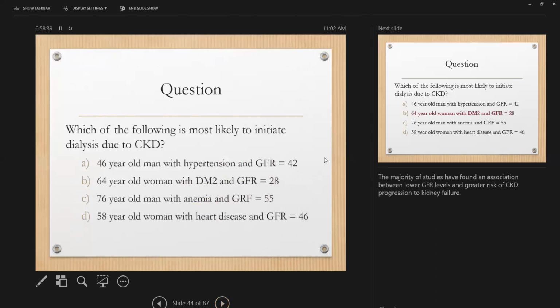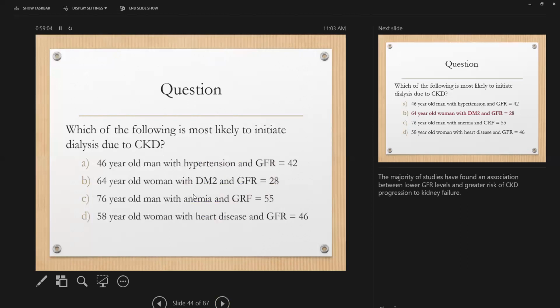Now, before I show you the answer, let's go between A and B. So just looking at age, who's more at risk? B. 64 is more at risk. Yep. Now, one's a man, one's a woman. Okay, so could or could not have a thing here. Hypertension, we know could be a bad thing.